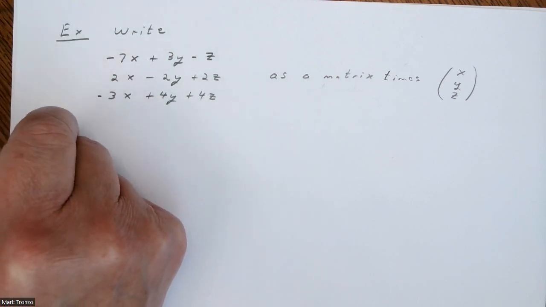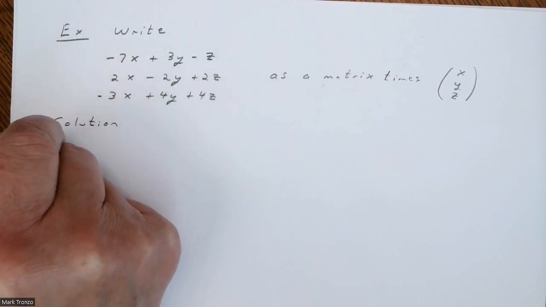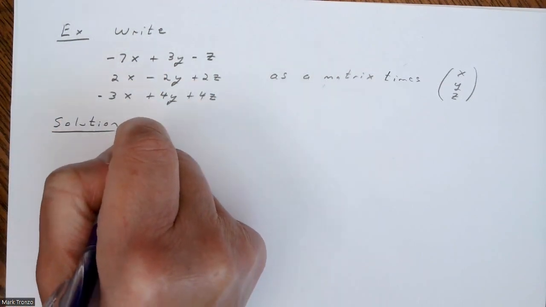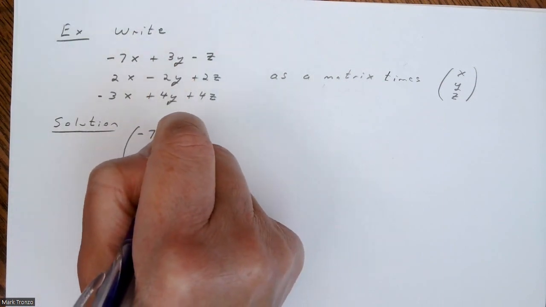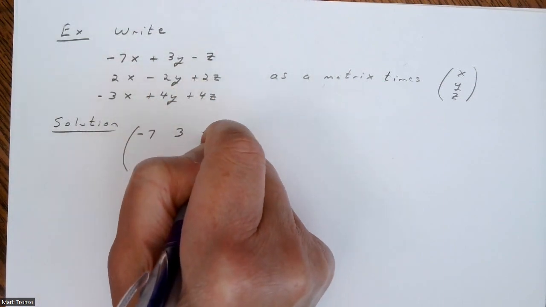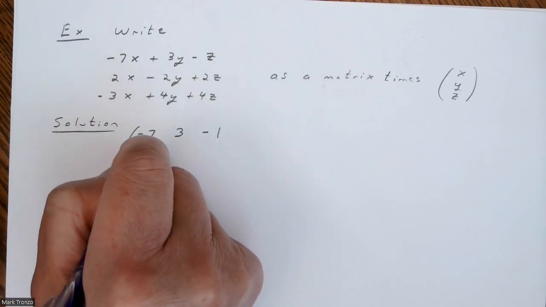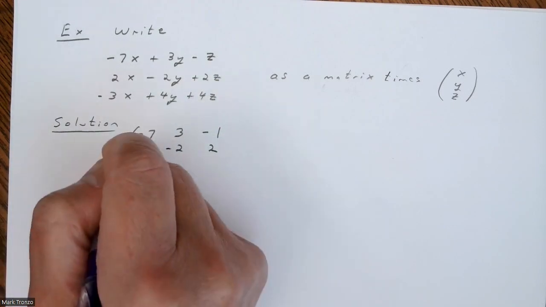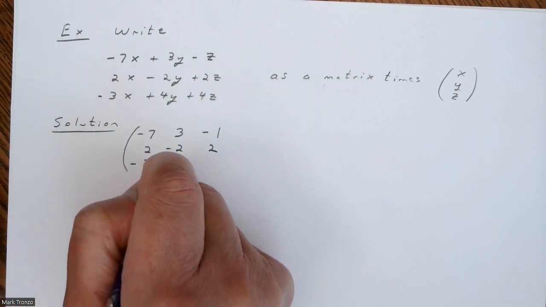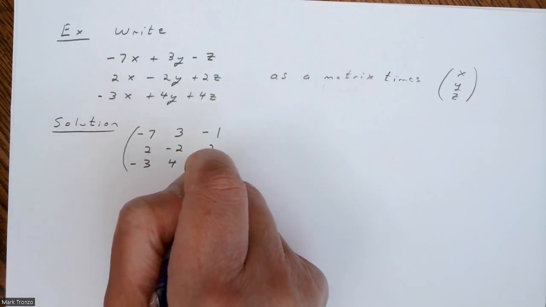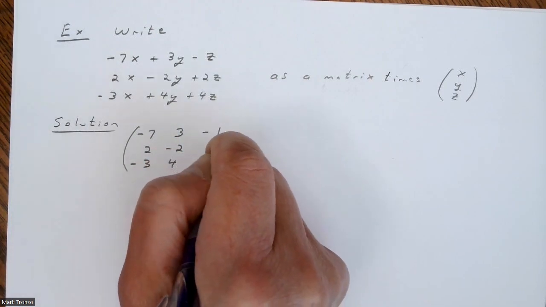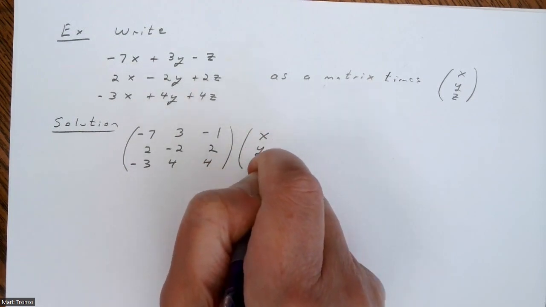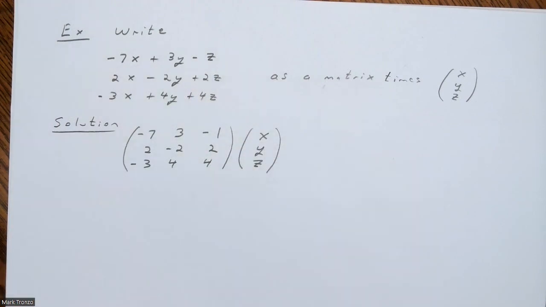So you could actually think of this as having this matrix: minus 7, 3, minus 1, 2, minus 2, 2, minus 3, 4, 4, times x, y, z, like this.